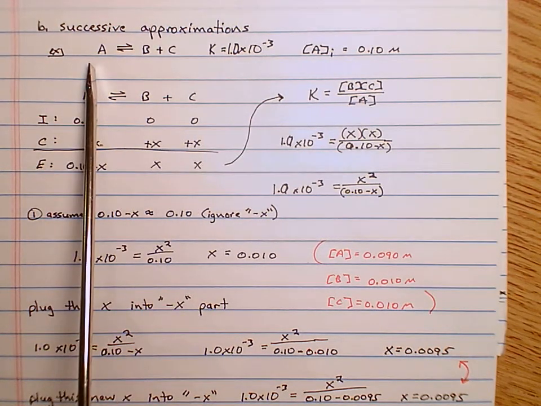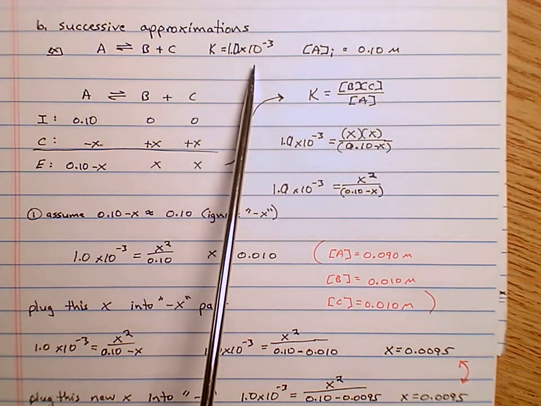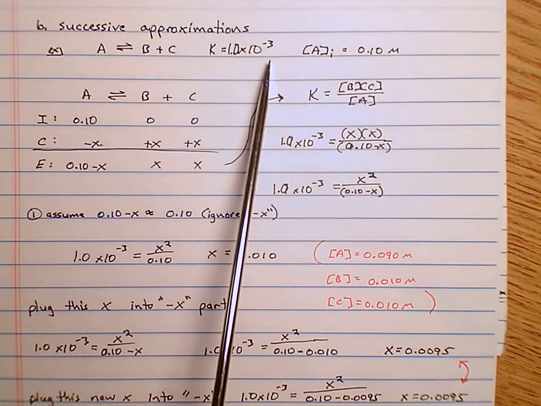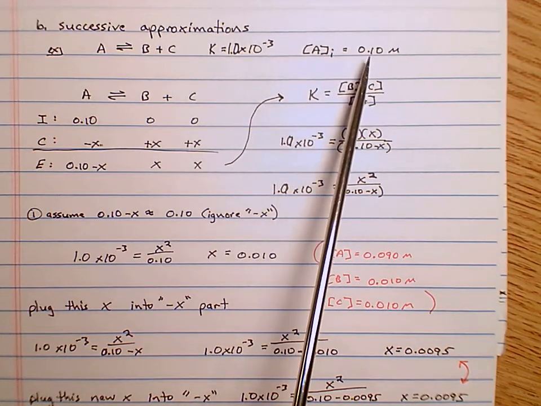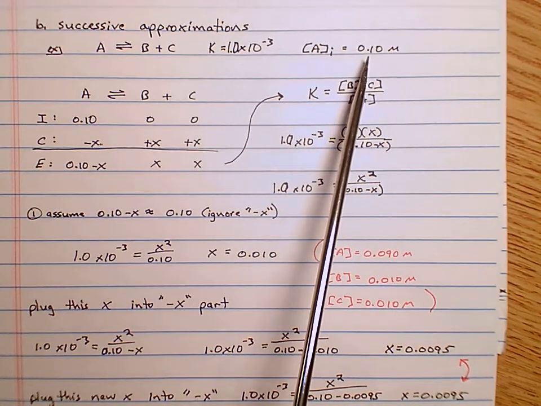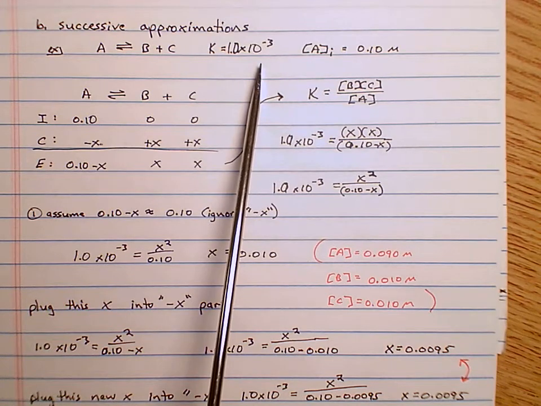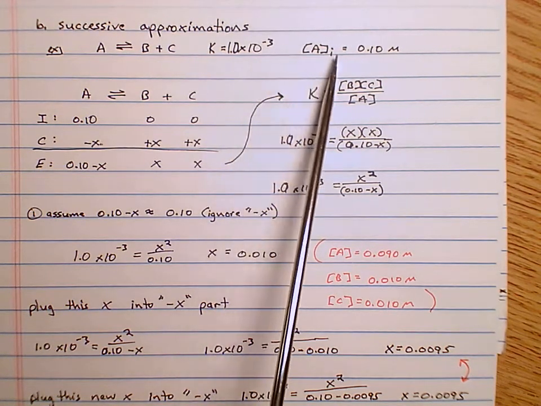So here's our example. A is in equilibrium with B plus C. The equilibrium constant for this reaction is 1.0 times 10 to the minus third. Our initial concentration is 0.10 for A. Well, that 0.1 is fine, I'm okay with the 0.1 there, but for 1 times 10 to the minus third, I would much prefer 1.0 times 10 to the minus fourth or smaller.